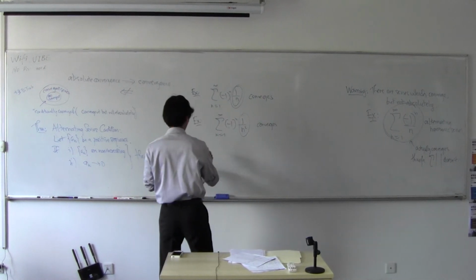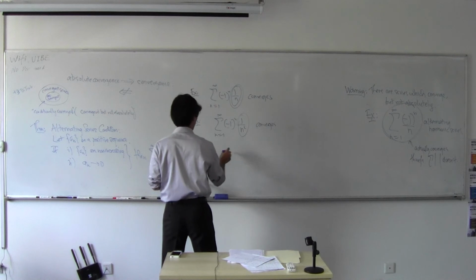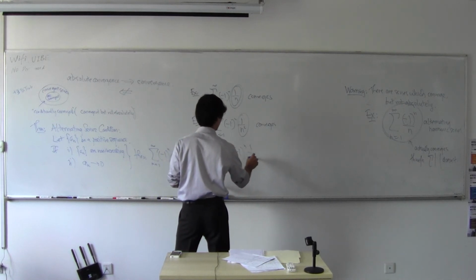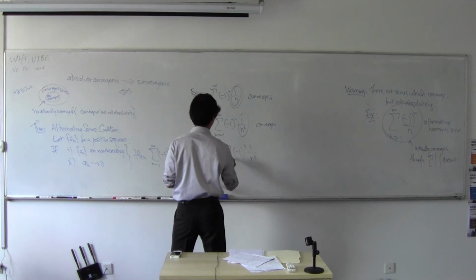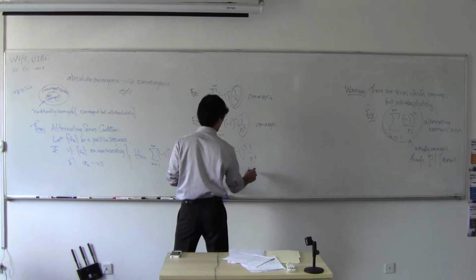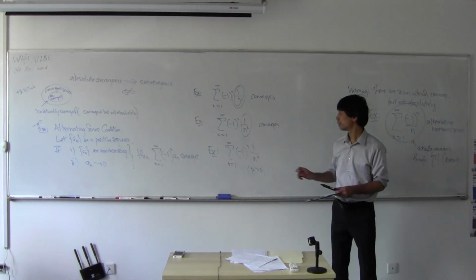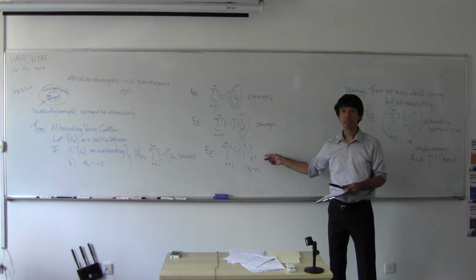Okay. Another one, (-1)^n, 1 over n to the p, where p is some positive number, any positive number. What does the alternating series test say about this?